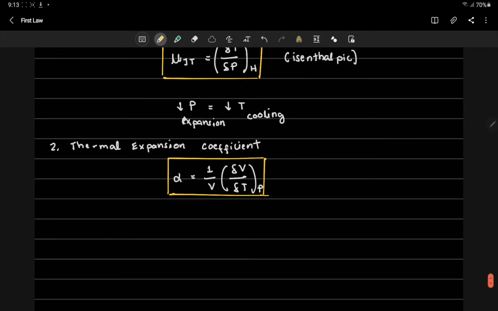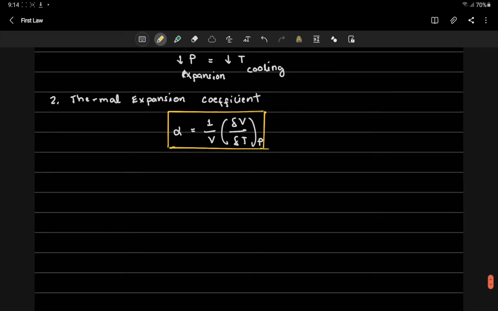Ang ibig sabihin daw niyan, kapag tumataas yung temperature at constant pressure, tumataas din si volume. And that's what we learn from physics, right? Yung tinatawag nating linear expansion. It's just that isa lang yung dimension na kino-consider natin doon. We don't consider area, we don't consider volume. But for gases, kapag tumataas yung temperature, tumataas din or nag-expand yung gases.